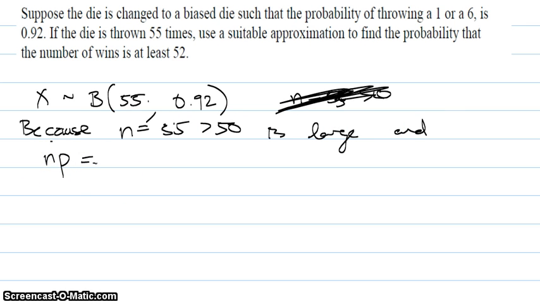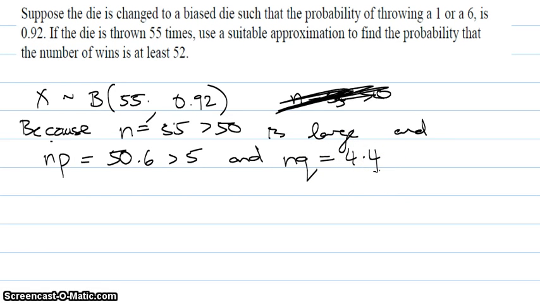That'll be 55 times 0.92, which is 50.6, is bigger than 5. And what does nq equal? Well, that's 55 times 0.08, so 1 minus 0.92 is where 0.08 comes from. nq is equal to 4.4.